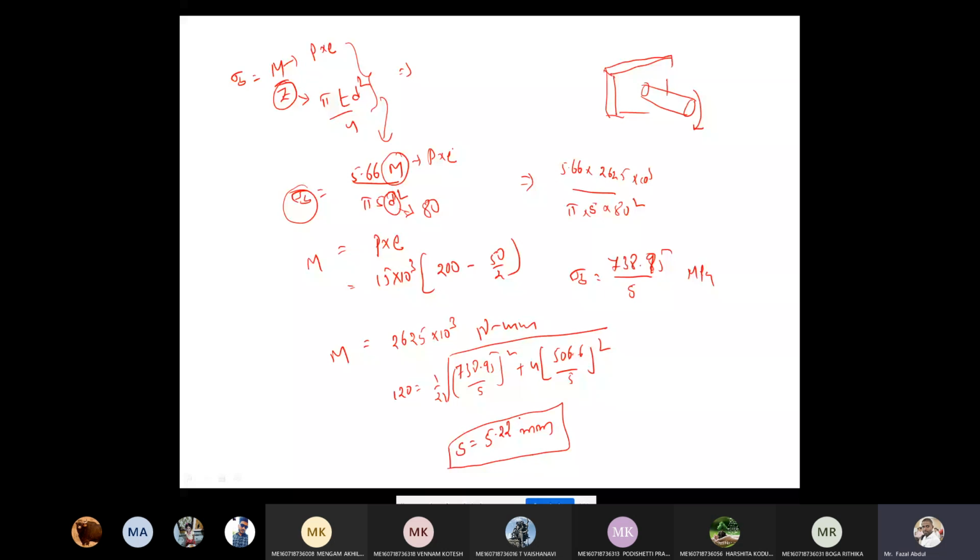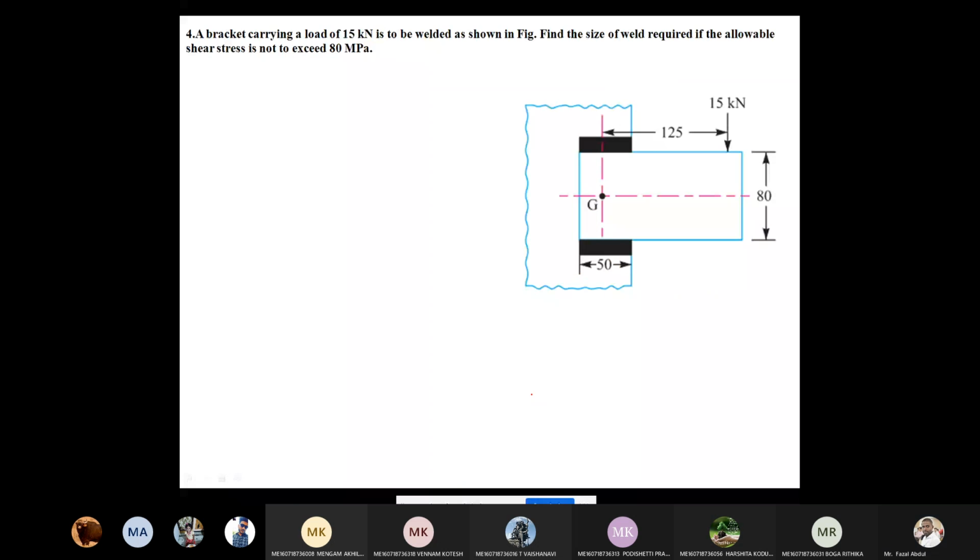Now we are discussing the case 2 type problem. How do we identify case 2? See here, the identification is important. This is plate number one and this is the second plate. These two plates are making a joint with the help of welding, overlapping each other.